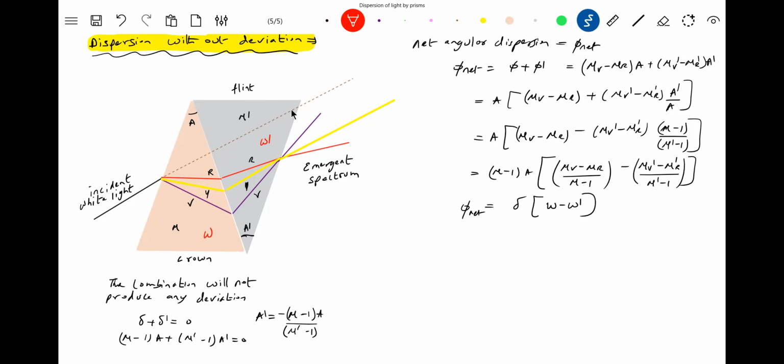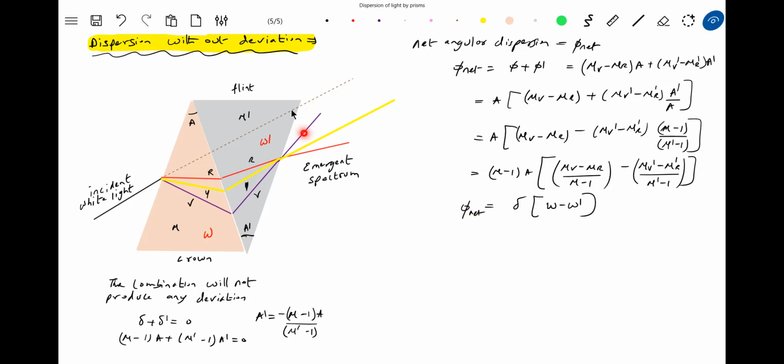So the net dispersion depends upon the deviation produced by the crown prism, then the dispersive powers of crown minus this particular thing. If omega is greater than omega dash, we will have a dispersion. Suppose omega is less than omega dash, the order of colors, violet above the red or otherwise, depends upon this sign.